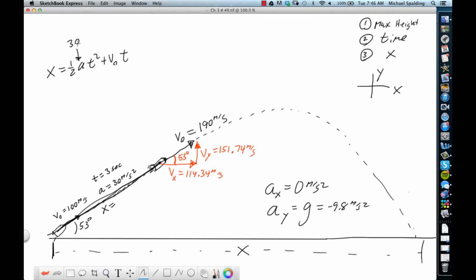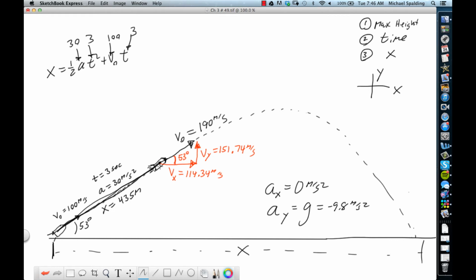Your a is 30, your t is 3, v initial is 100, t is 3. You plug into that and you get 435. So that is the hypotenuse here. That's the straight line distance before the rocket dies.